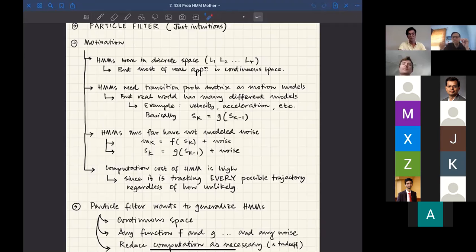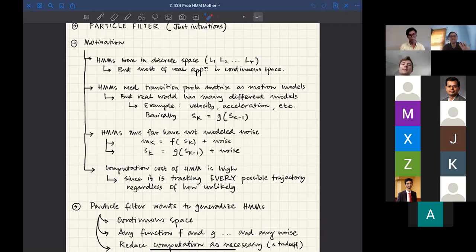Even the most unlikely path you will track, which means your computation is really, really high. But if someone says, look, you have to run this on a mobile phone, you realize that, hey, there are these very unlikely trajectories that I'm tracking. Maybe I should eliminate those and only track the probable trajectories. Right? So that gives you an opportunity to cut back on computation.